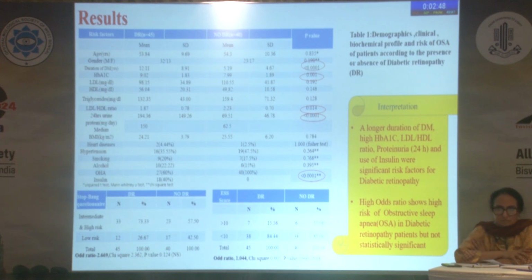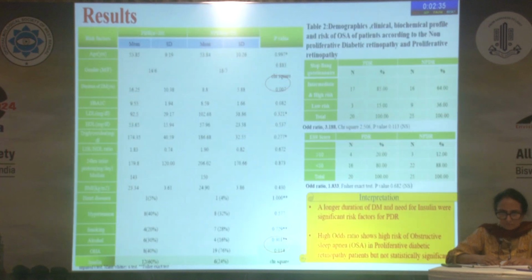Longer duration of DM, high HbA1c, LDL HDL ratio, proteinuria, and use of insulin were significant risk factors for DR, and a high odds ratio shows high risk of OSA in DR patients. Also, a high odds ratio shows high risk of OSA in PDR patients, but not statistically significant.